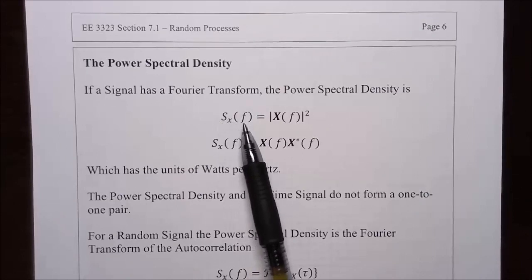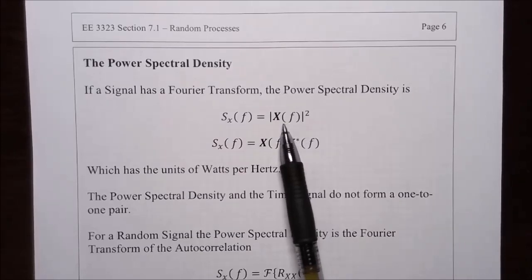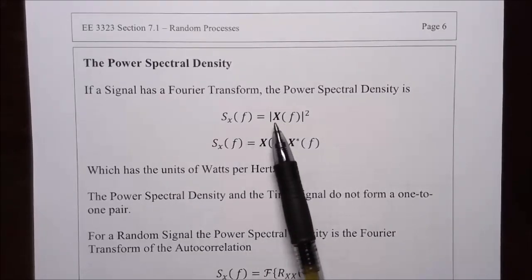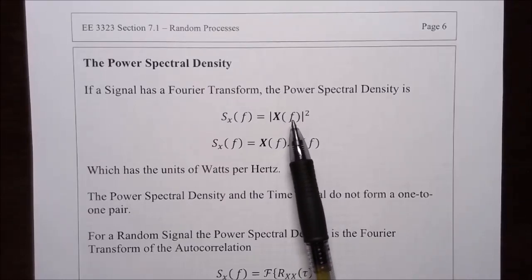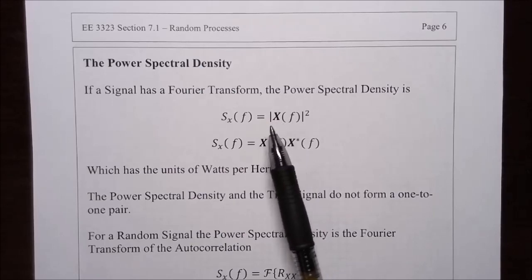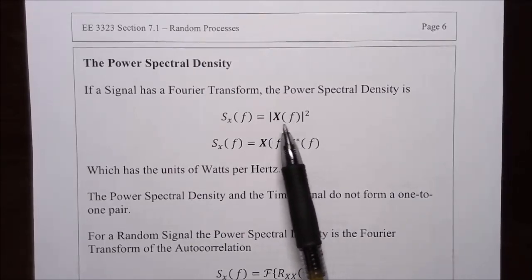is a function of frequency, and it is simply the magnitude squared of the Fourier transform of the time function. So the Fourier transform is in general a complex function. Sometimes it turns out to have an imaginary part of 0, but often it turns out to have some angle function as well.